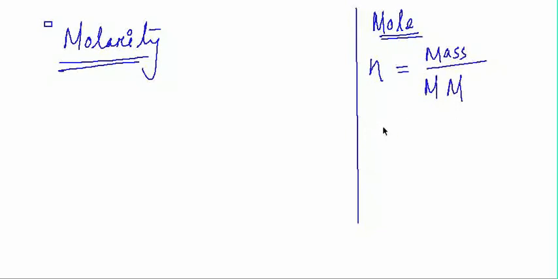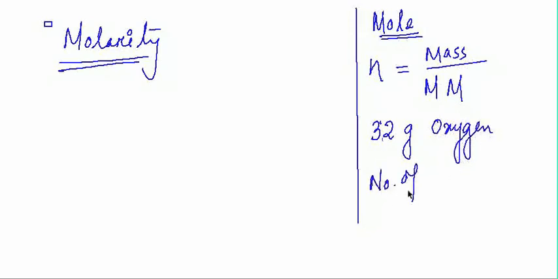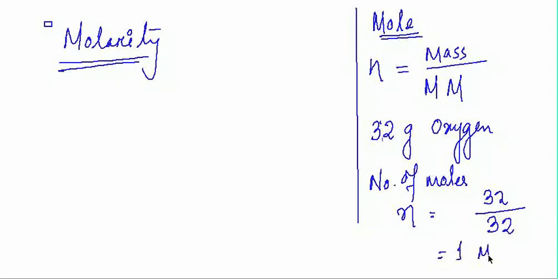So if I have, for example, 32 grams of oxygen, then number of moles of oxygen N is equal to 32 by molecular mass of oxygen, which is also 32, so we get 1 mole of oxygen. So this is the way we calculate the number of moles.